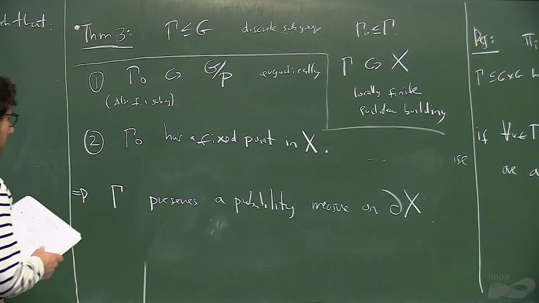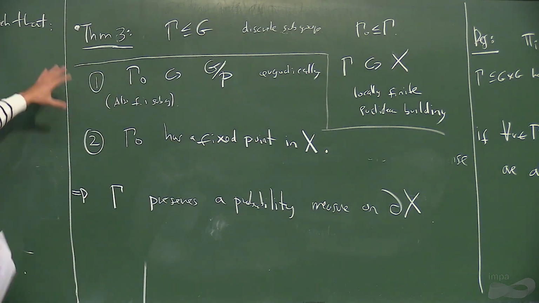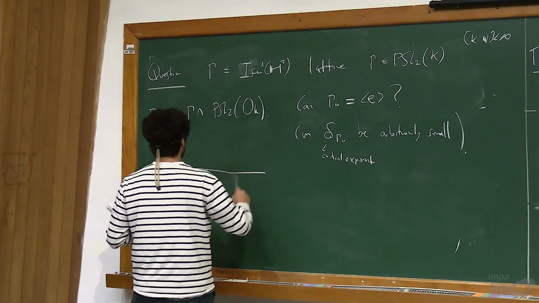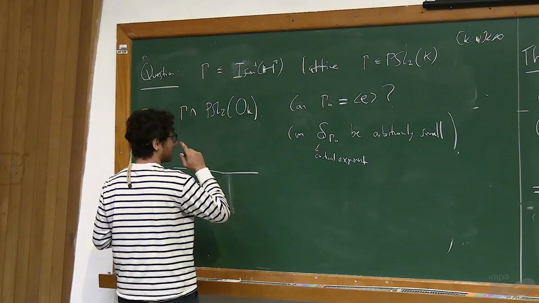Are there any questions about this statement? Five minutes passed and you didn't correct me, I think. So that's good. Yes, if gamma 0 is not a lattice, then... yeah, this is wrong, this is totally wrong.